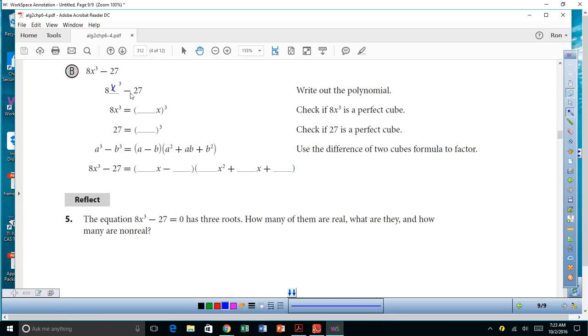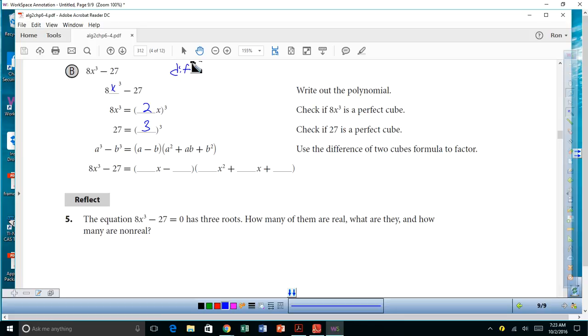And notice that 8 and x cubed are perfect cubes, and 27 is actually a perfect cube. 8x cubed equals 2x to the third power. 27 equals 3 to the third power. So what we have here is a difference of perfect cubes.